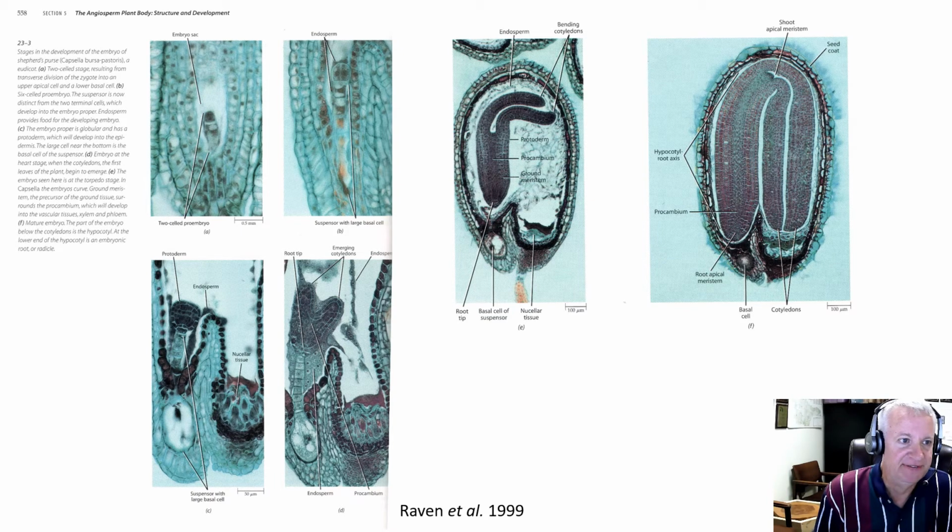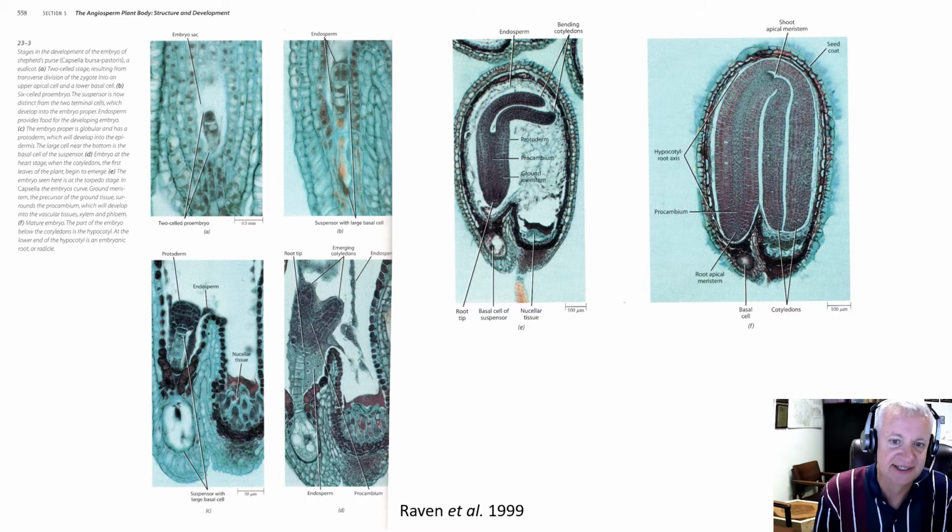The development of seeds obviously starts with fertilization, where an egg cell gets fertilized by a sperm cell and additional polar bodies get fertilized by other sperm cells to form endosperm. And at that point, after fertilization, the embryo develops.